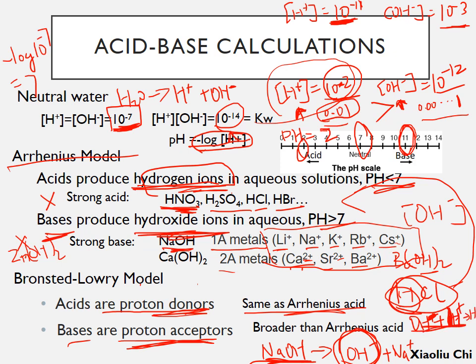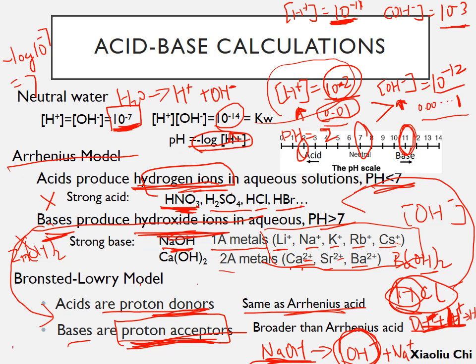And because hydroxide reacts with hydrogen, it is a proton acceptor. As long as it can react with hydrogen ion or proton, it is a Bronsted-Lowry base. So all Arrhenius bases also belong to Bronsted-Lowry bases, but Bronsted-Lowry base is wider.